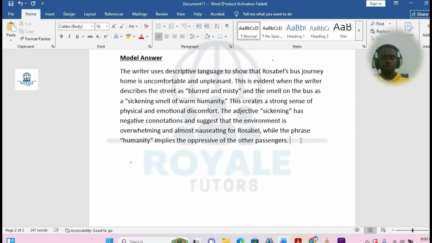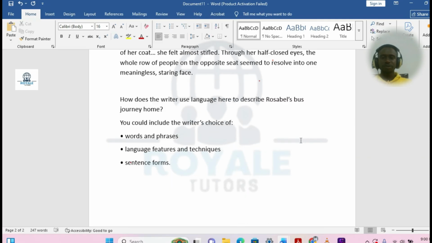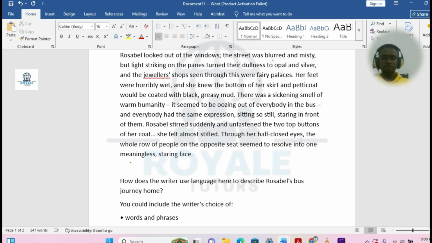So, still within this paragraph, let us look at another point, evidence and explanation. If you look at the extract, you're going to find that the writer talked about the fact that Roosevelt's feet were horribly wet, and that she knew the bottom of her skirt and petticoat would be coated with black greasy mud.